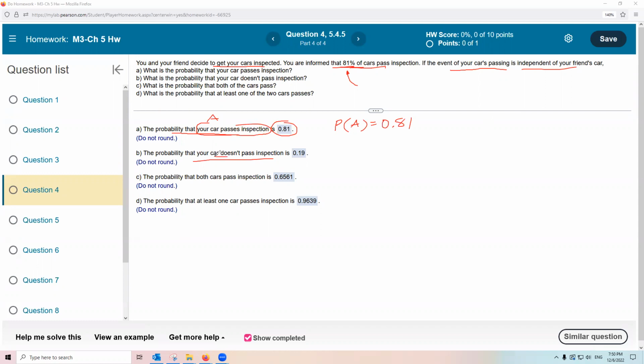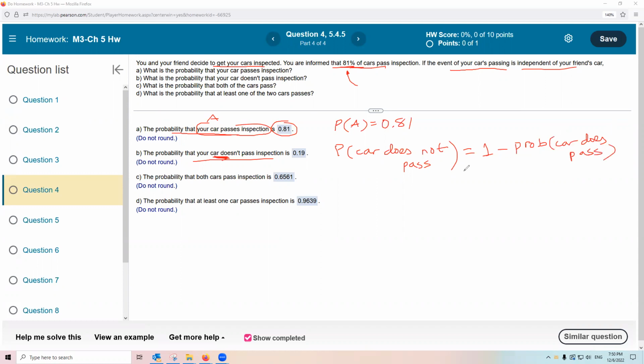What's the probability your car doesn't pass inspection? Well, there's a probability rule. The probability that the car doesn't pass inspection is equal to 1 minus the probability it does pass inspection. Sometimes we call this the complement.